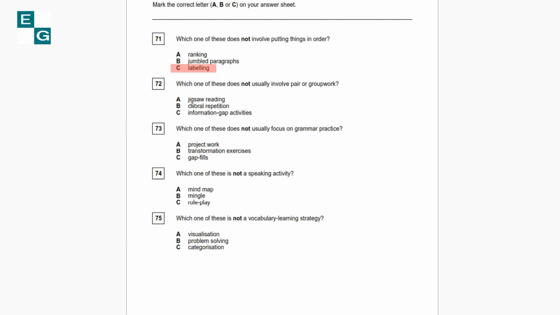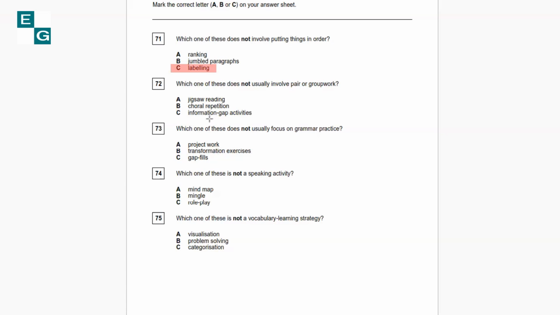Now it says, which one of these does not usually involve pair or group work? Jigsaw reading is an activity in which you have 2 students with different reading parts and they have to talk and arrange the reading in the correct order.